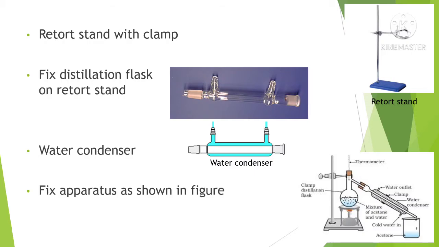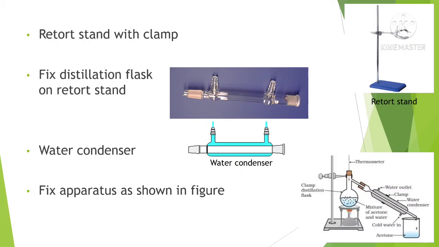Suppose vapors are there, the water will absorb the heat from those vapors, and the temperature of the vapors will start decreasing. When the temperature decreases, the vapors will get condensed, or we can say they will convert back into their liquid form. So basically the water condenser is used to liquefy the vapors.